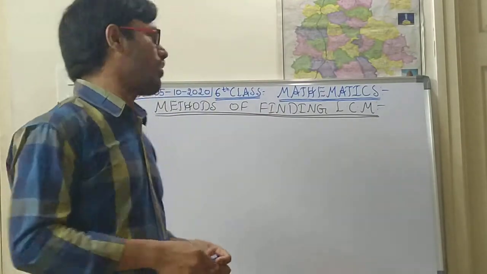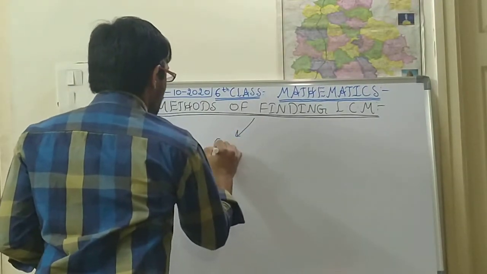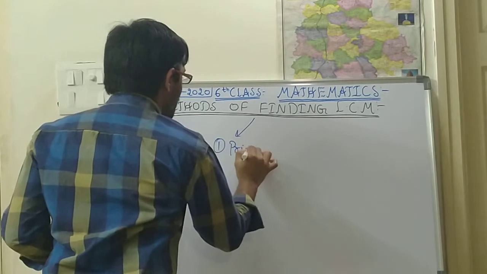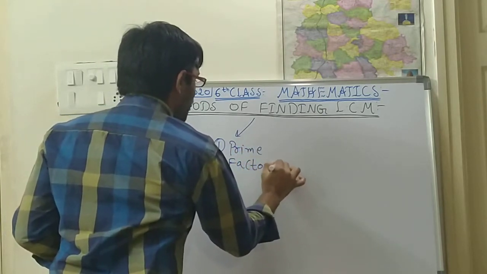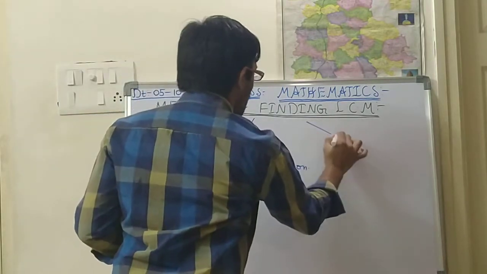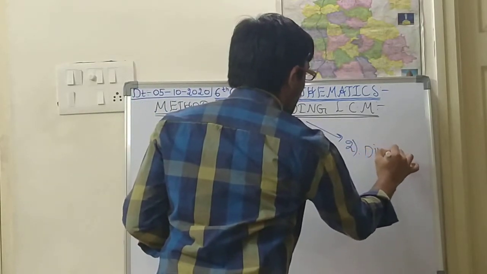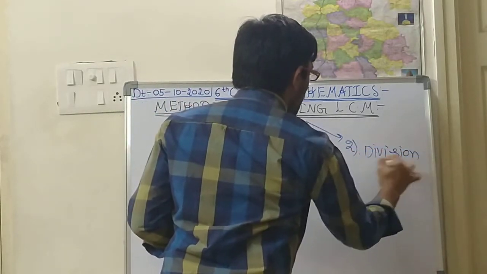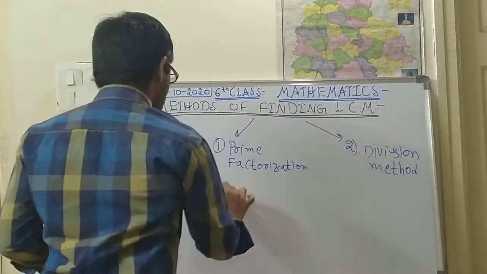The first method is the same, the prime factorization method. The second method is the division method. This division method will be somewhat different, not like general division.